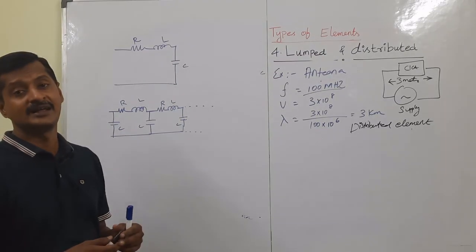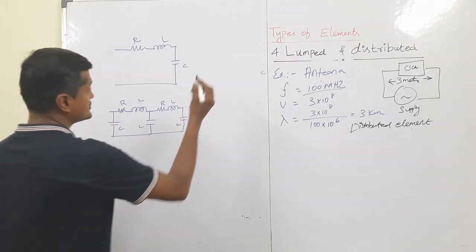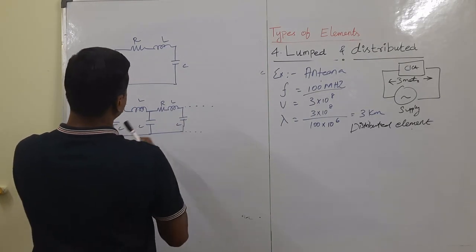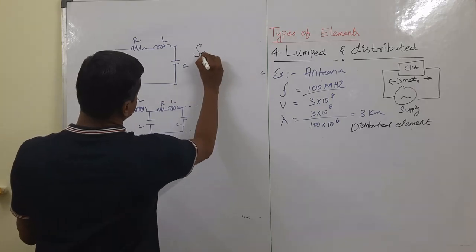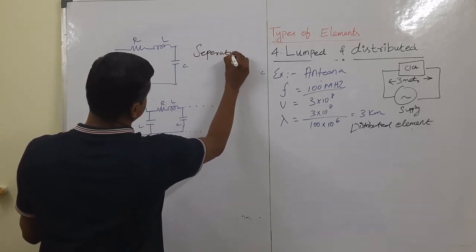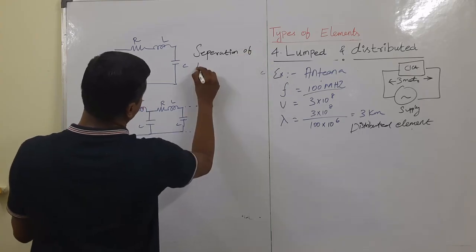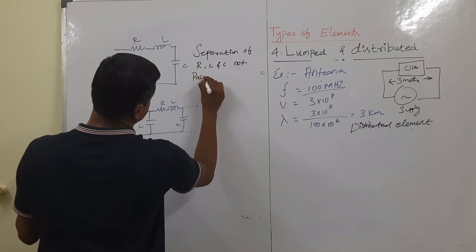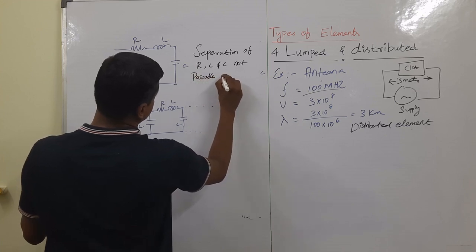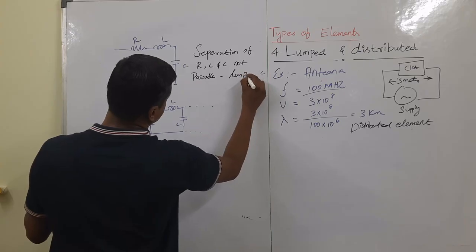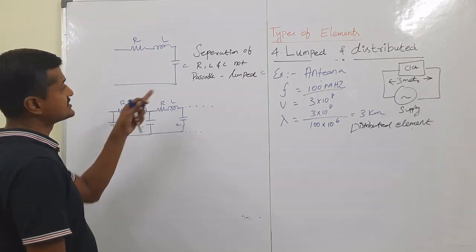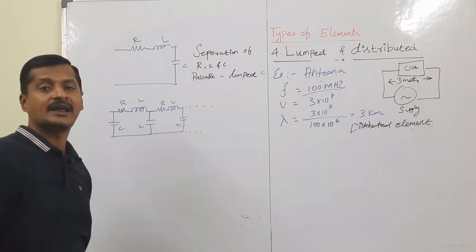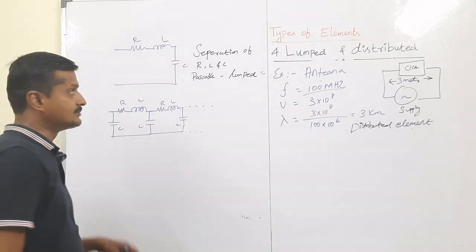So that is called a distributed circuit. This is called a lumped circuit, this is called a distributed circuit. Separation of R, L and C possible, that is lumped.